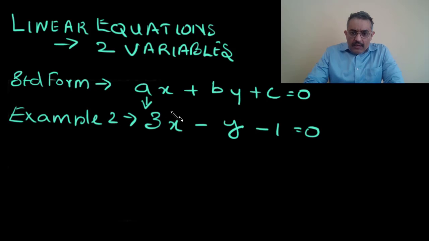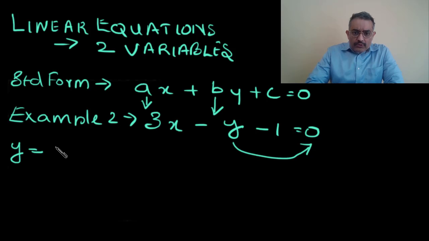A is 3. The x and y are the two variables. B is minus 1 right here, and C is also negative 1. Now, we can move this y to the other side of the equal sign, so we get the form y is equal to 3x minus 1.